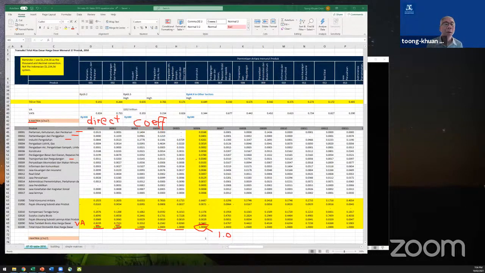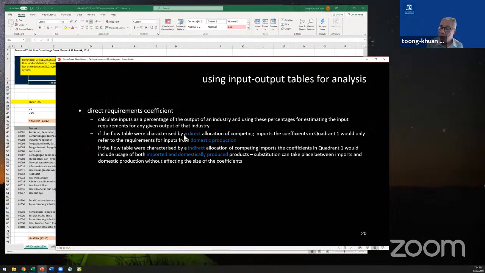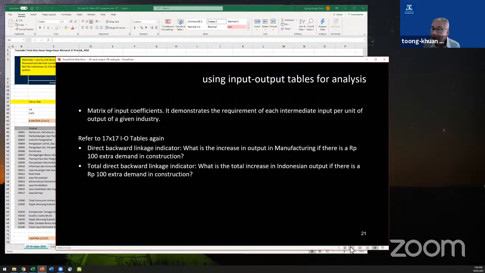Does that make sense? All right. So that is what we call the A matrix. It gives you all the values as coefficients. So in the flow tables characterized by a direct allocation, let's leave imports to a later date.